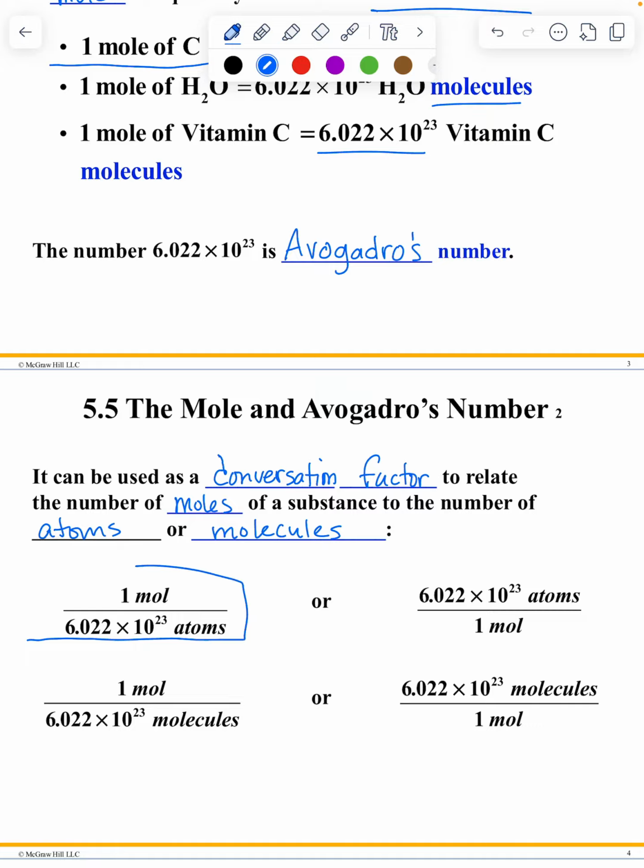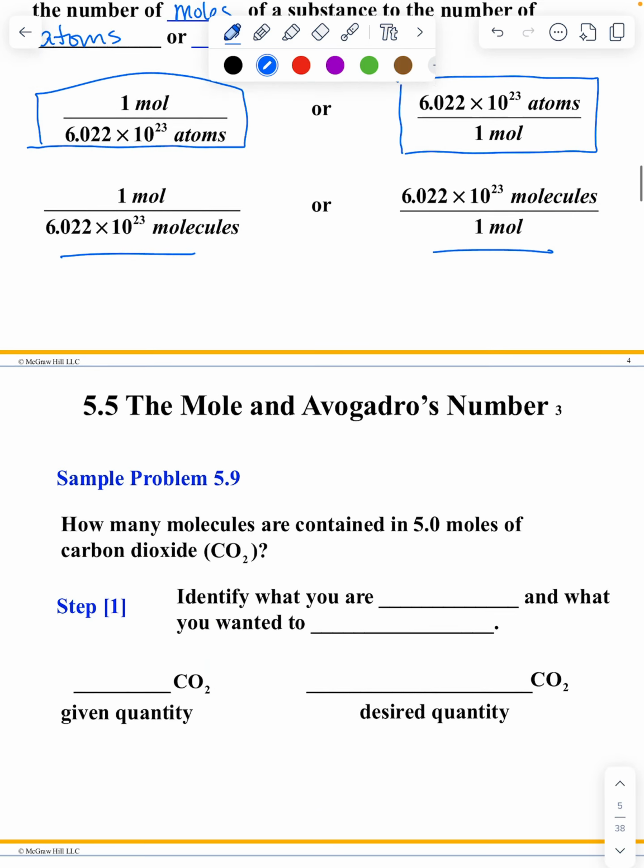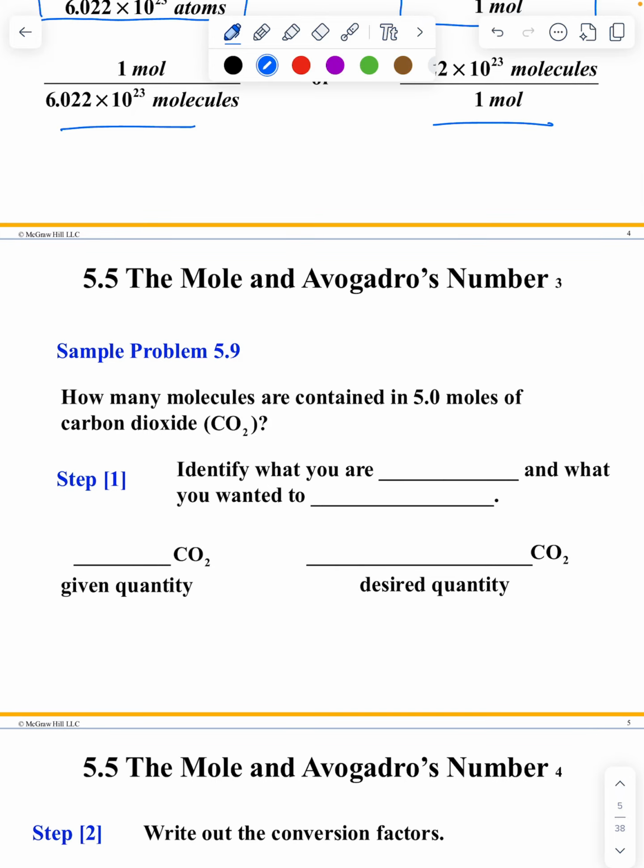We can either have 1 mole over 6.022 times 10 to the 23rd atoms, or we can flip this fraction and have the number of atoms on top and 1 mole on the bottom. We can do the same for molecules. This is what we call a conversion factor, and as we'll see in a moment, it is going to allow us to change from one unit to another. So let's just jump in with an example.